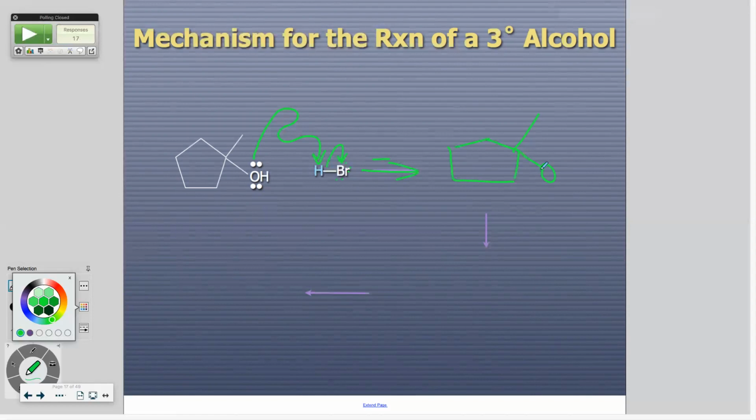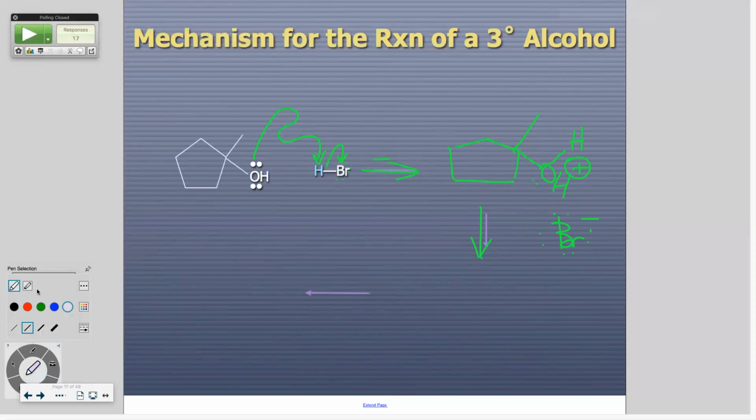So here's my OH, and now I have it bonded to an H. What can you tell me about that O? It is now positive. And what else did I make? Br minus. Now what happens? The water leaves.